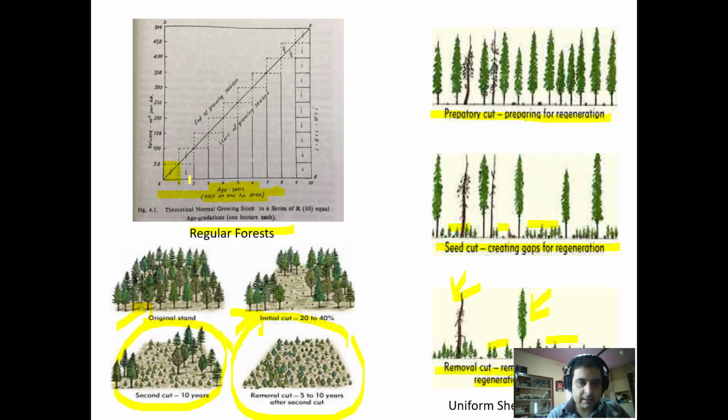Now in the second year, the same crop adds one more I, small i, as increment, and the total volume becomes 2I. In the third year, one more I is added to this, and it becomes 3I. Likewise in the fourth year, some more increment is added, so it becomes 4I.